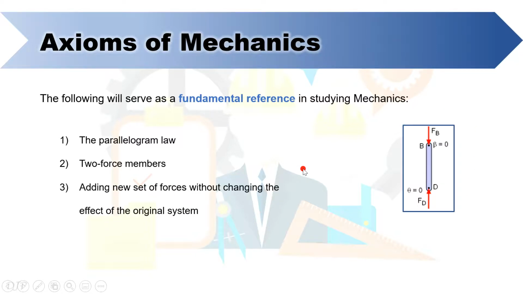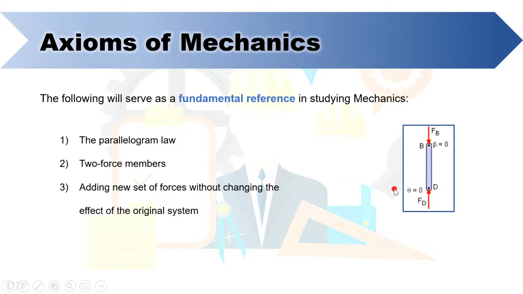The third axiom is about adding a new set of forces. When an existing system of forces is already in equilibrium, let's say this one, it is still possible to add a new set of forces which will not alter the effect produced by the original system of forces.